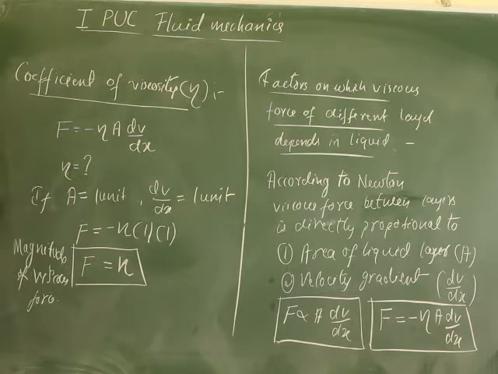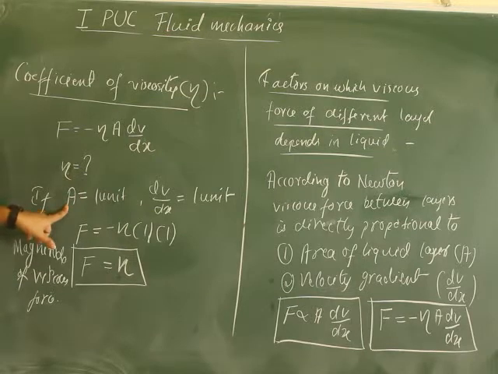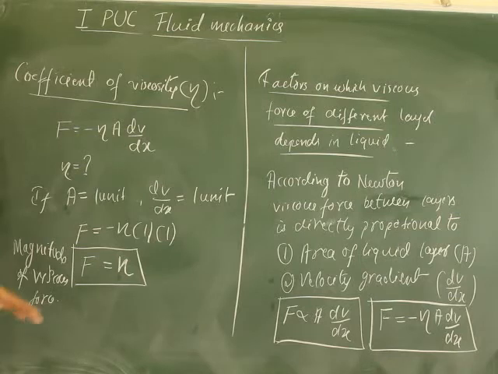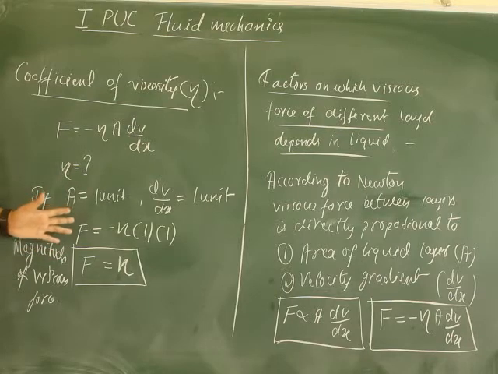So right now, what is viscosity? Eta equals the viscous force, when the area of the layer is 1 unit and the velocity gradient is also 1 unit. How to define now? It is the force per unit area acting between two layers having unit velocity gradient.